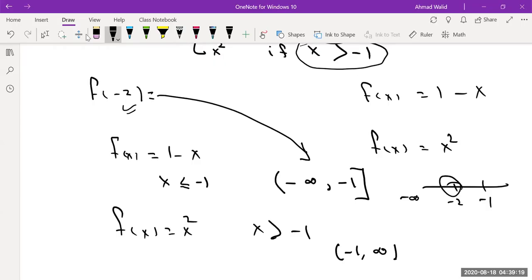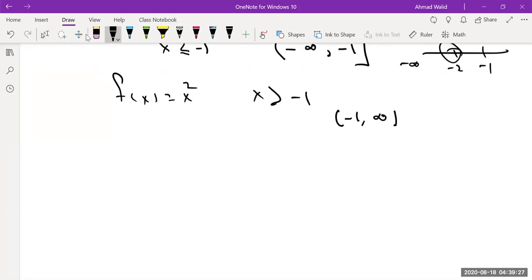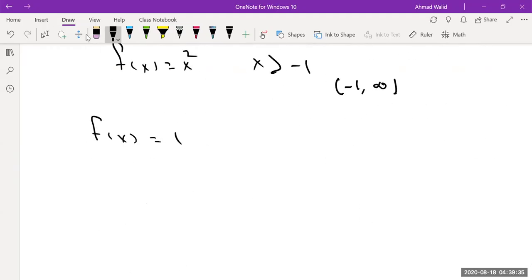No. Then don't plug -2 into the second function. To evaluate f of -2, I will copy my first function, f of x equals 1 minus x, because -2 is in my domain.